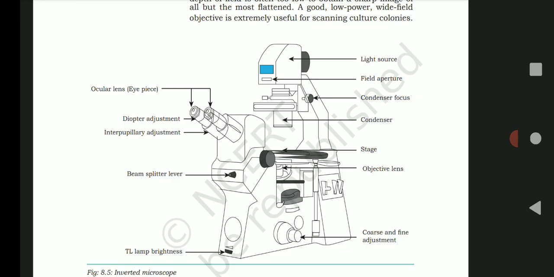And the lamp is also fitted with this. The lamp provides illumination from the bottom of the culture vessel. It may be a flat culture flask, or it may be a petri plate.